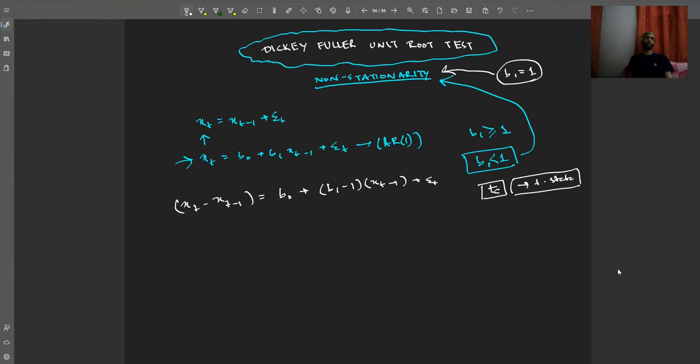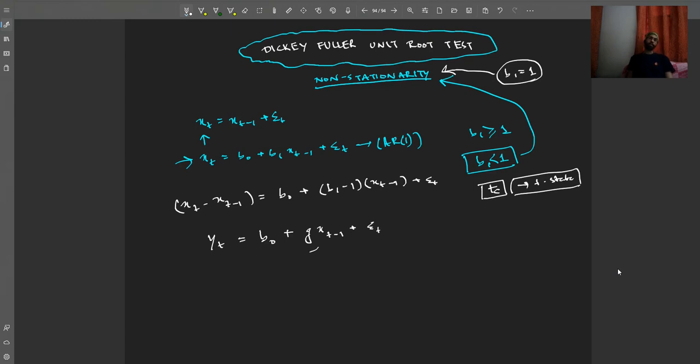Right? We'll just transform the equation a little bit. Now we call this yt is equal to b0 plus b1 minus 1. We call this g, multiplied by xt minus 1 plus error.